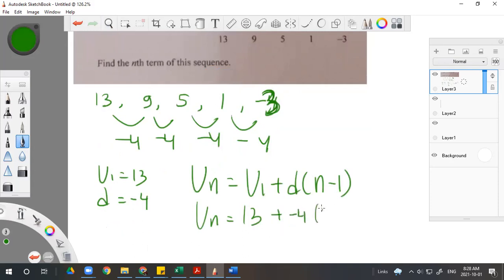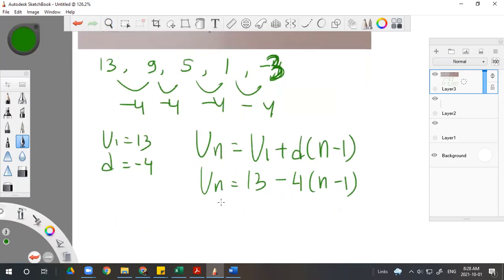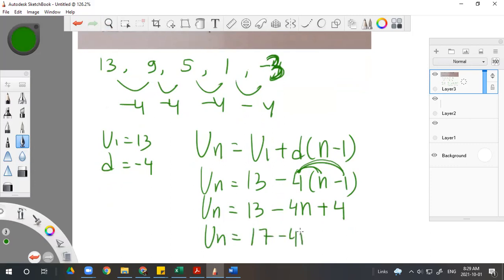Nah gini. Tapi jadi nggak secure justru. You insecure jadi malah nggak secure soal formulanya. Jadi ribet malahan. Oke. Itu ya, open the bracket by multiplying it with the distributive law. UN equals 17 minus 4N.